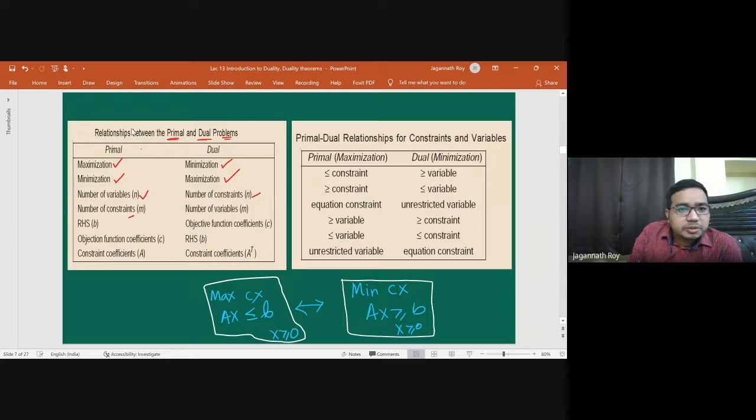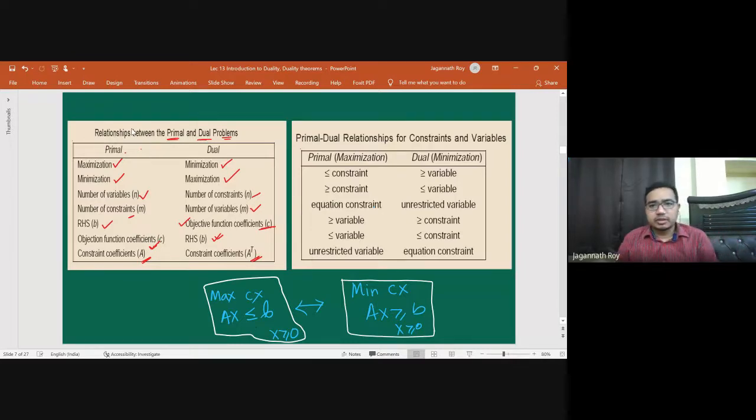The number of constraints of the primal will be the number of variables of the dual. The right hand side vector of the primal will be the cost vector, the objective function coefficients, of the dual, and the cost vector of the primal will be the right hand side values of the dual. And if the constraint coefficient matrix is A, then the constraint coefficients of the dual will be A transpose.